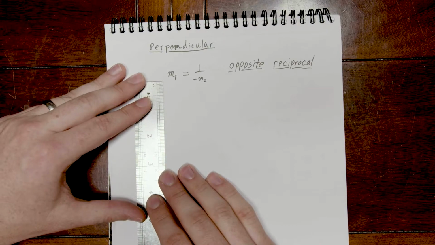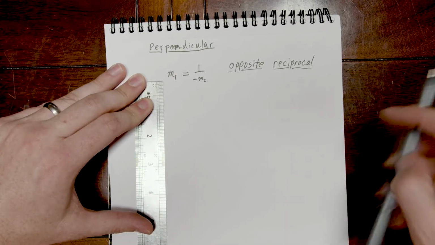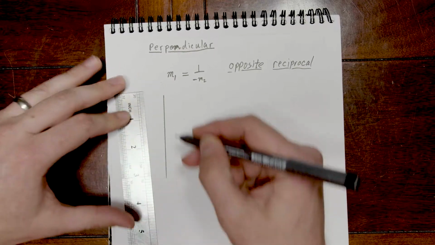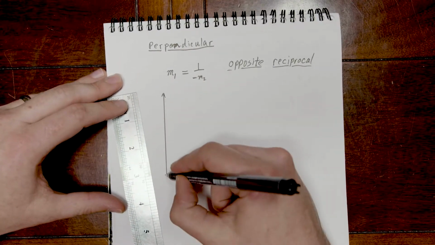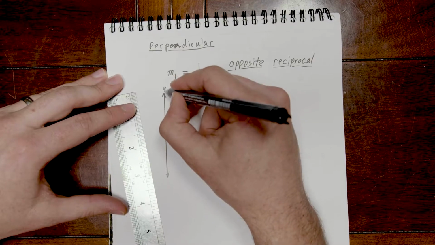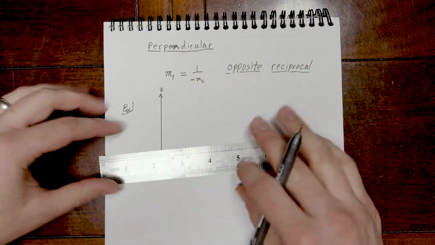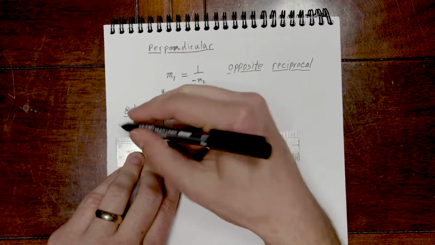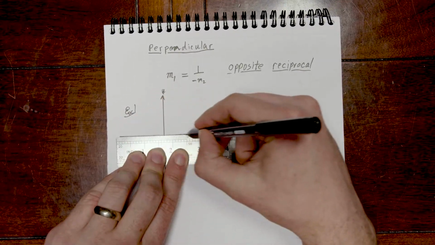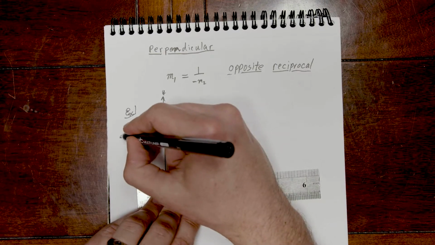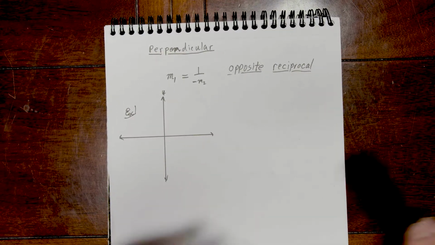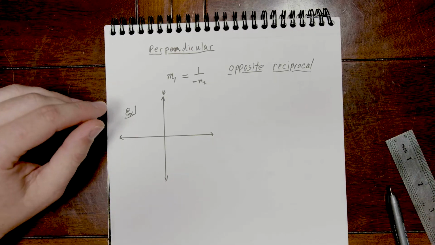So I'm going to draw an axis right here. There's my y-axis, of course, and then right here, we'll draw our x-axis. Let's make a line that's reasonable.